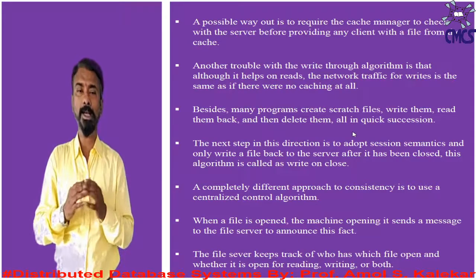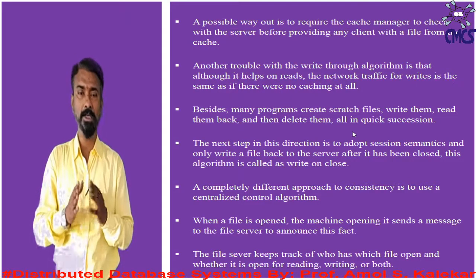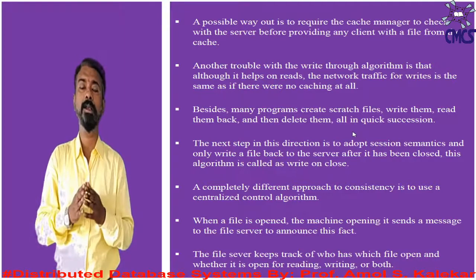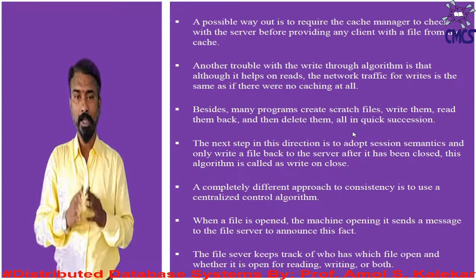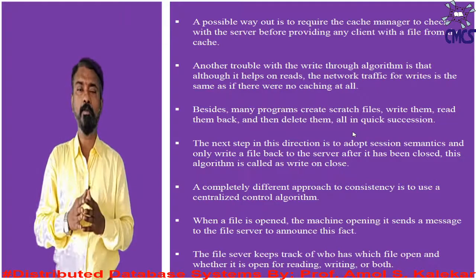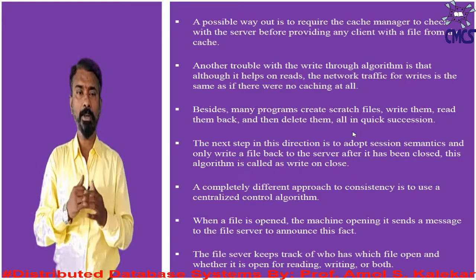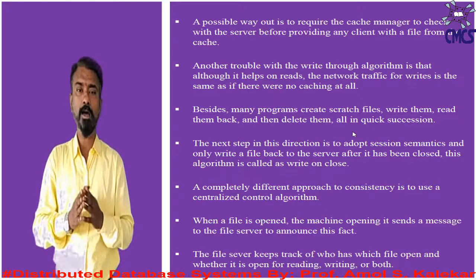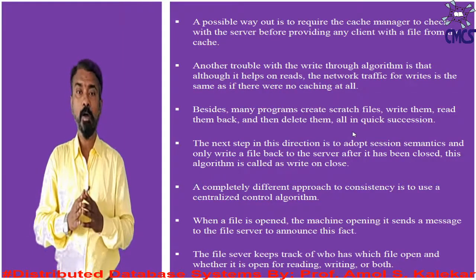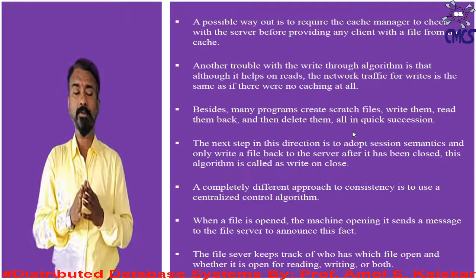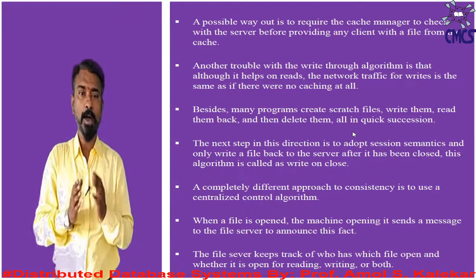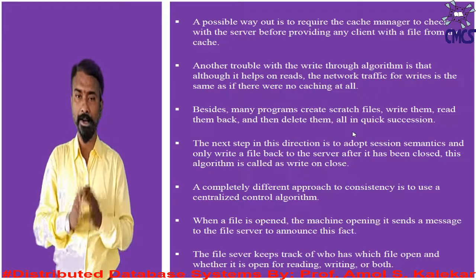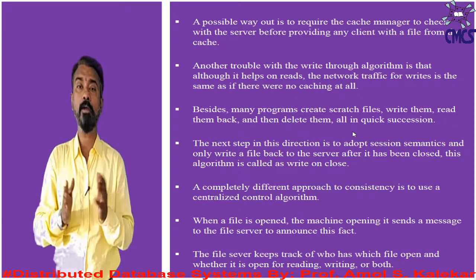A completely different approach to consistency is to use the next algorithm, that is the centralized control algorithm. Here, when a file is opened, the machine opening it sends a message to the file server to announce this particular fact. Okay, now the file server keeps track of who has which file open and whether it is open for reading or writing or for both.